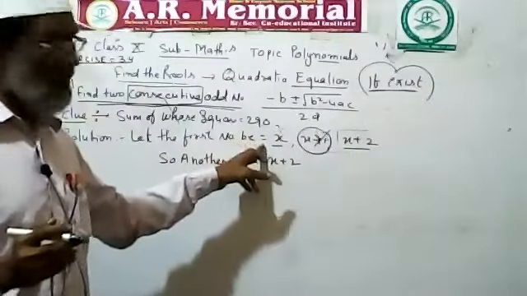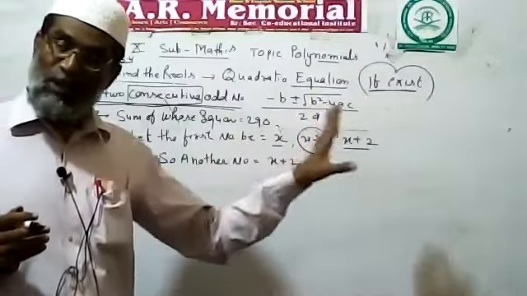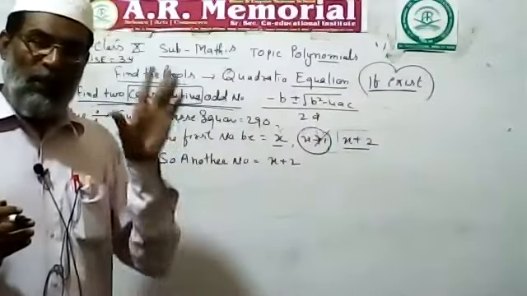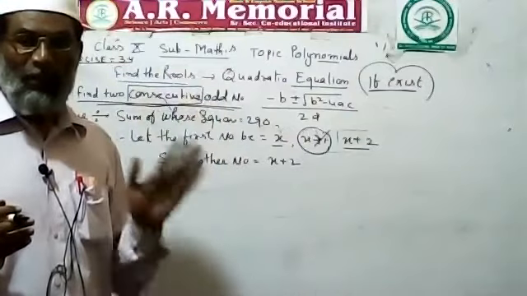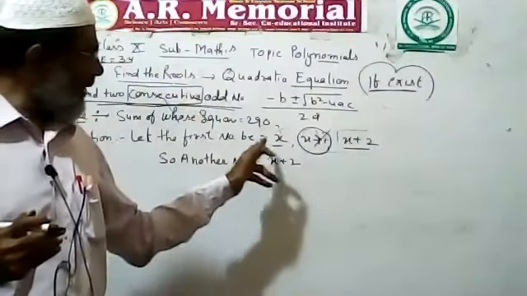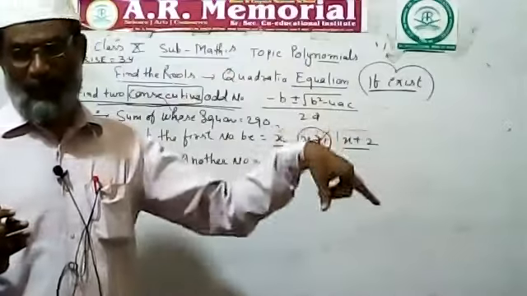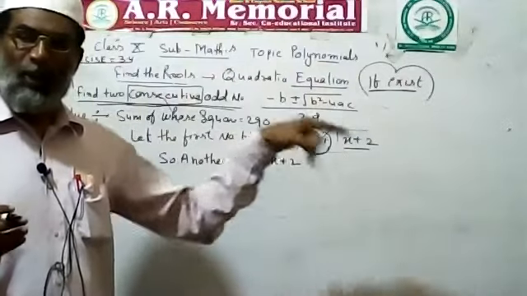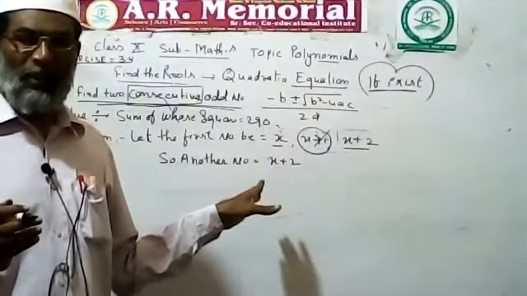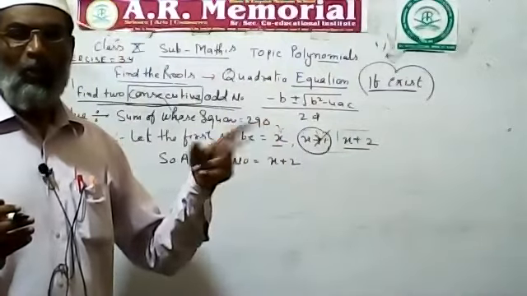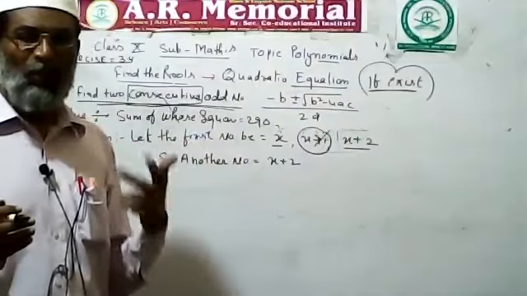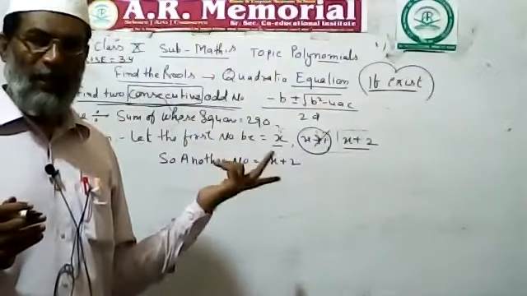If x is even, x plus 2 is even. You imagine an odd number, same is there; you imagine an even number, same is there, because the result follows x. In both conditions, two consecutive even numbers or two consecutive odd numbers, they are x and x plus 2.